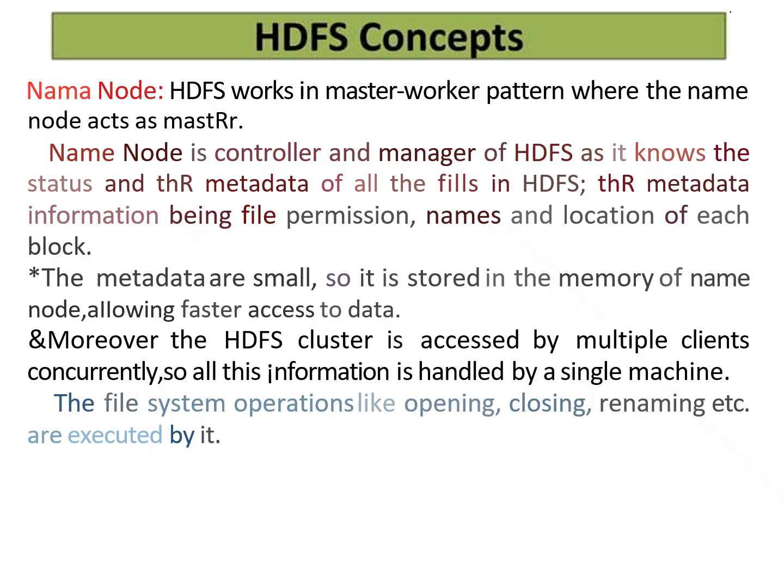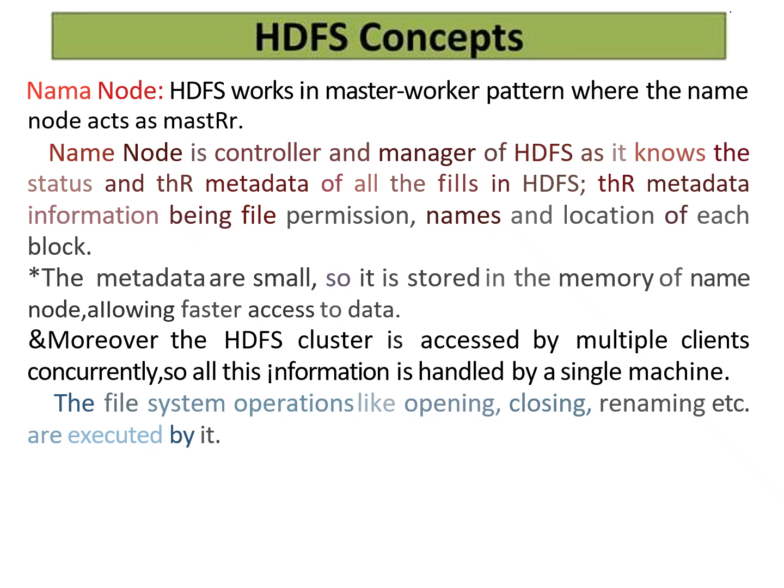And the name node is a master node. Mainly HDFS works in the fashion of a master worker pattern. The name node is the controller and manager for HDFS. In any Hadoop framework which you are running, one node will be the name node and other nodes will be the data nodes.